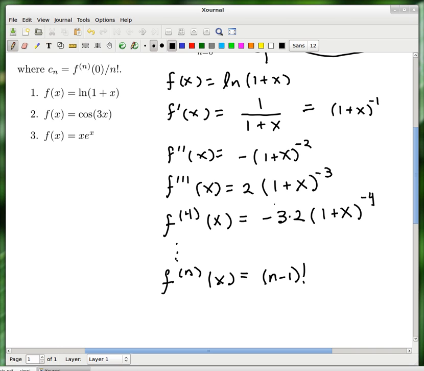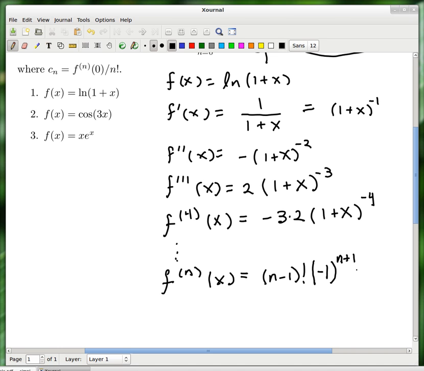Okay, and the sign is alternating, so I need to put in a negative 1 to some power. When the derivative is even, that's when the negative shows up. It's negative for the second derivative, but positive for the third derivative, and then negative again. So it should be negative 1 to the n plus 1.